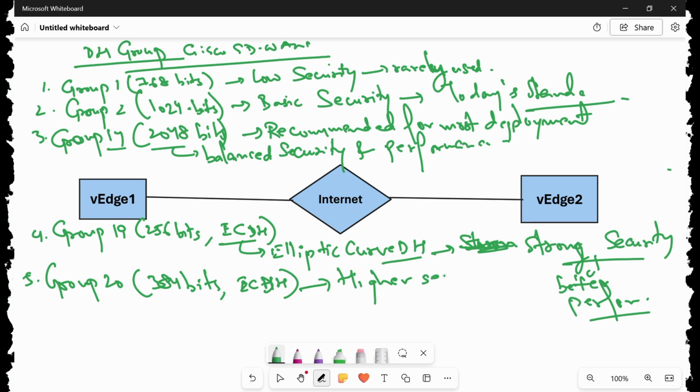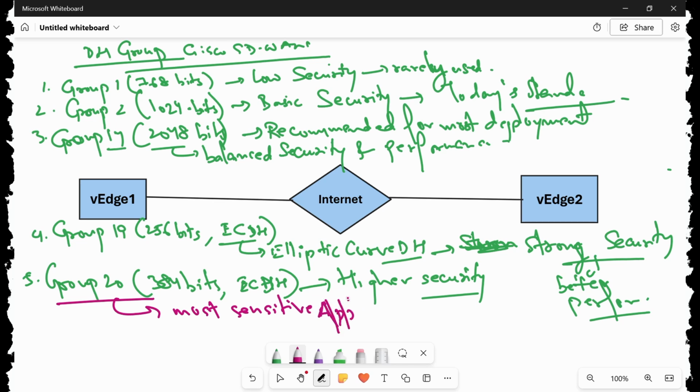This one uses a higher security and is used for the most sensitive applications. So for more security, we have these three options: group 14, 19, and 20.